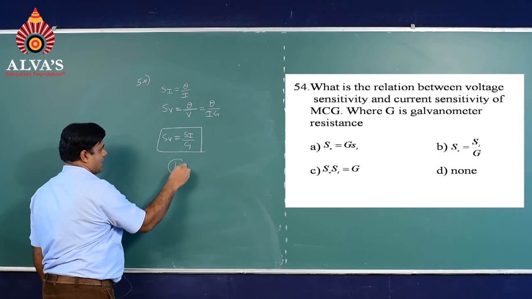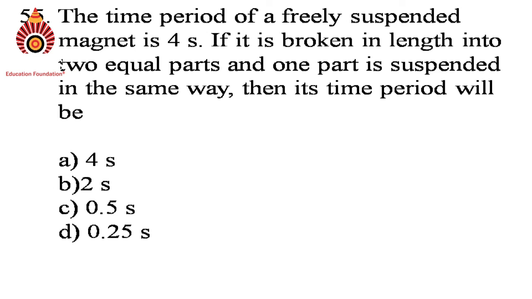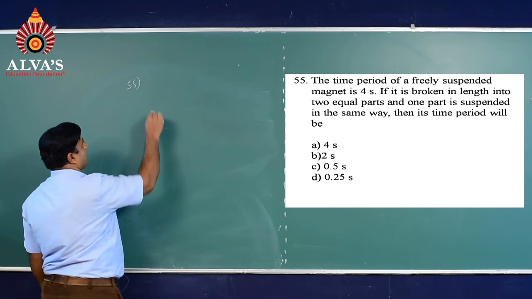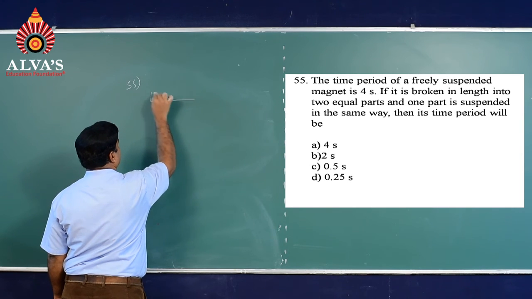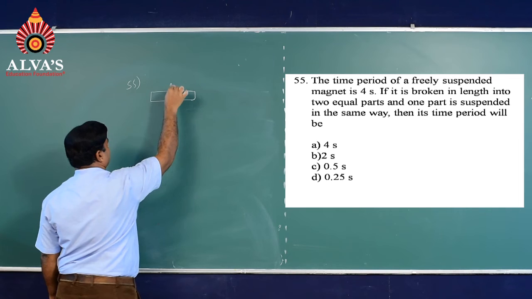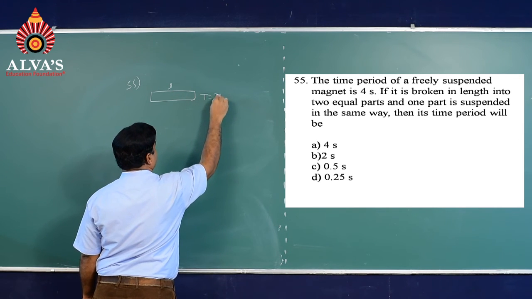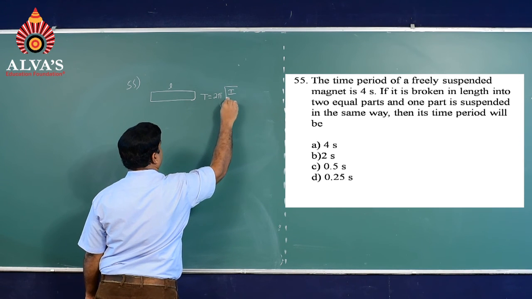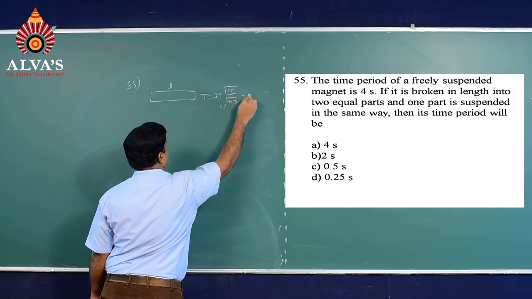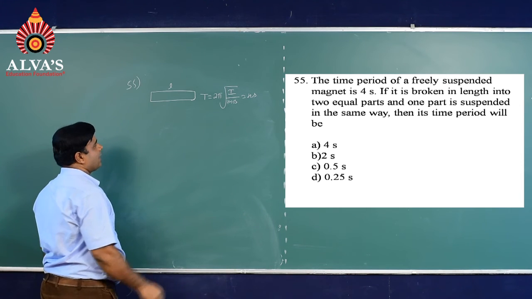B is the answer. The time period of a freely suspended magnet is 4 seconds. If it is broken in length into 2 equal parts and one part is suspended in the same way, then its time period will be? A magnet of length L is oscillating, time period is 2 pi root of I divided by mB, which is equal to 4 seconds.